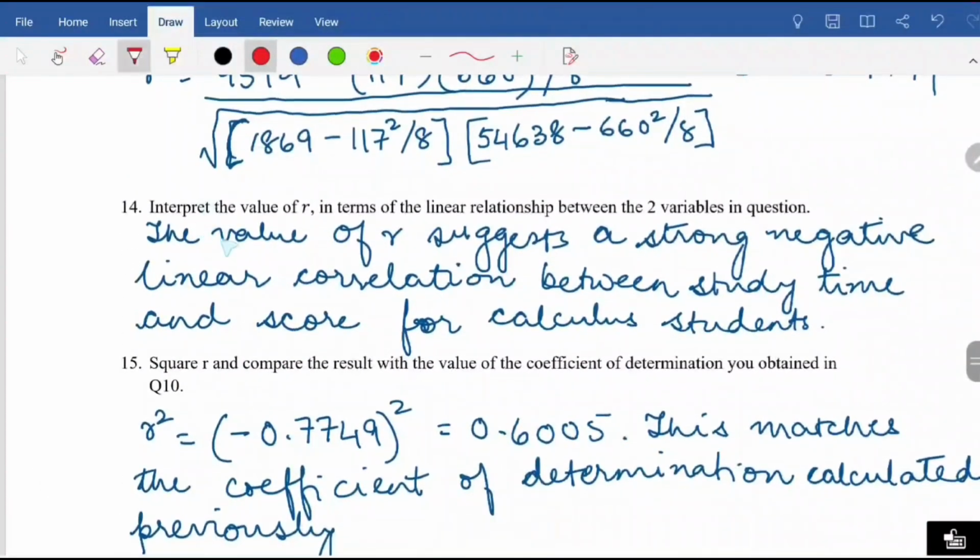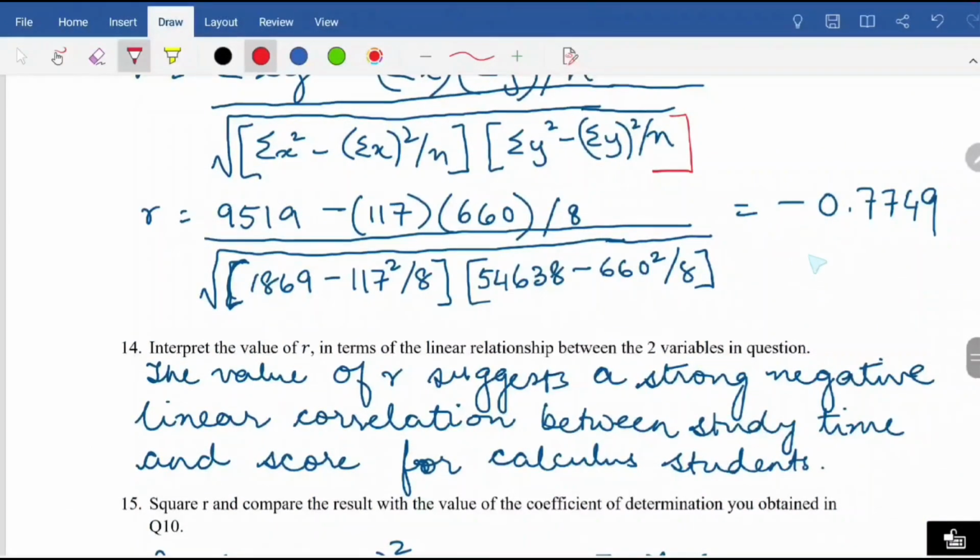Now we have to interpret the value of R in terms of the linear relationship between the two variables in question. The value of R suggests a strong negative linear correlation between study time and score for calculus students. This is a negative value, so that's why we have to say it's negatively correlated, and based on our sample data, it shows a strong negative linear correlation.